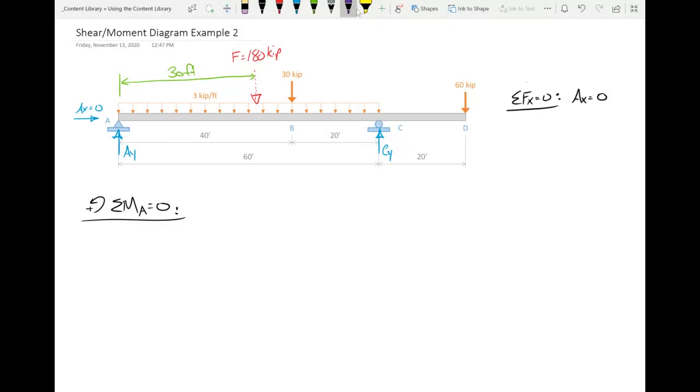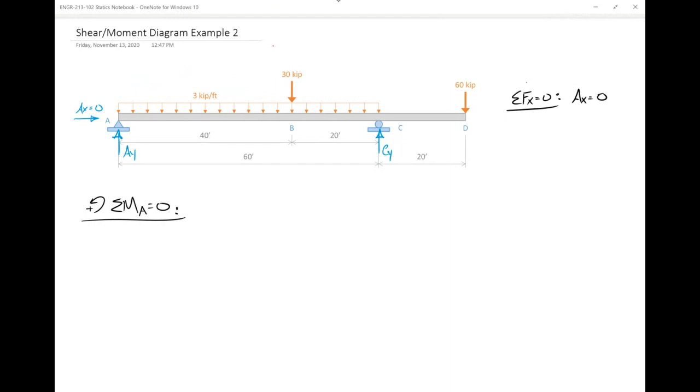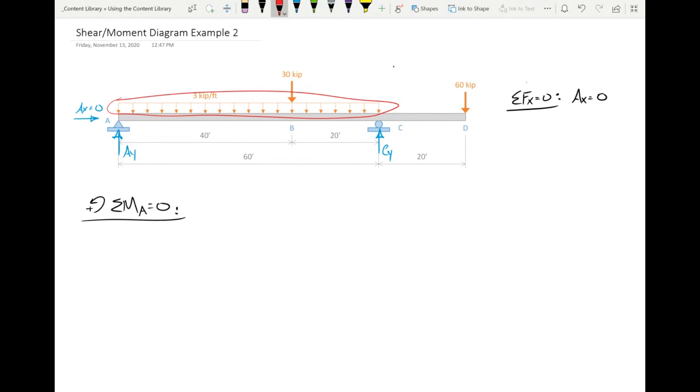Okay. So here, let me just sort of look at it like this. First thing we need to do is identify what's important about the distributed load. So here's the distributed load, and what do we know about the load?